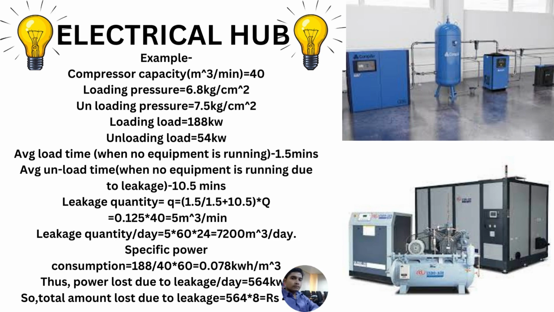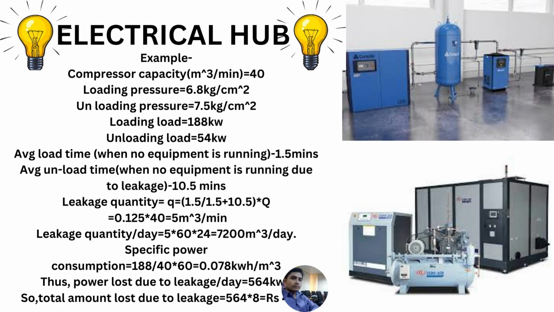I have shown here one example. You can go through that to see how a small leakage is affecting the cost. You can see here the compressor capacity is 40 meter cube per minute. So loading pressure is 6.8 and unloading pressure is 7.5.